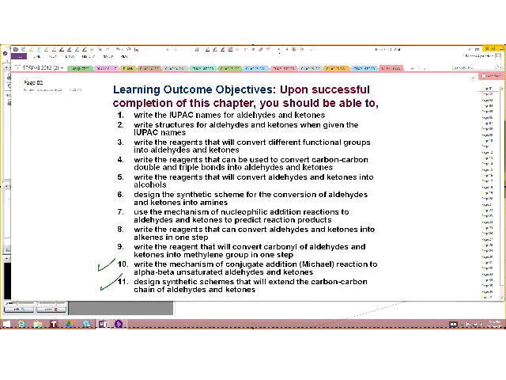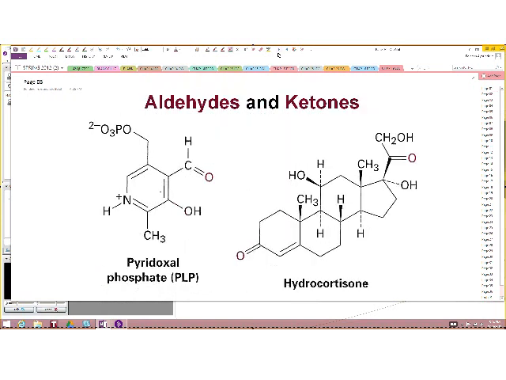Now let us ask ourselves, of course, all of you know what aldehydes and ketones are by now. Just for formality, aldehydes and ketones are those organic compounds that contain the carbon-oxygen double bond, which we refer to as the carbonyl group.